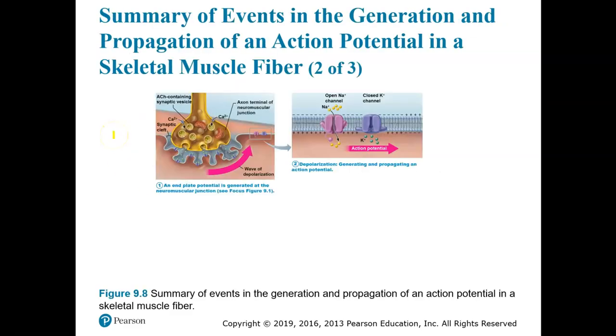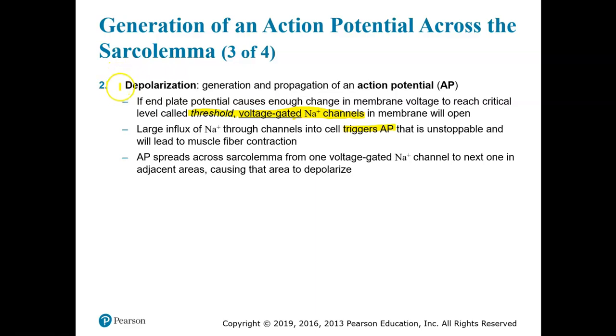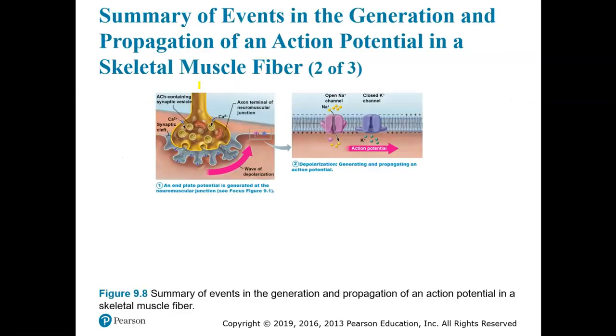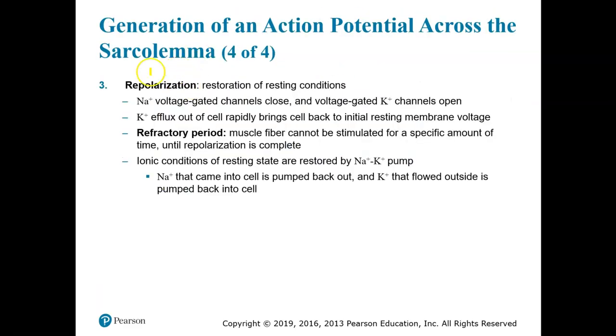Okay, so depolarization in the notes is when the potential becomes more positive. Voltage and potential mean the same thing. So when the voltage across the sarcolemma becomes more positive and leads to an action potential, that's depolarization.